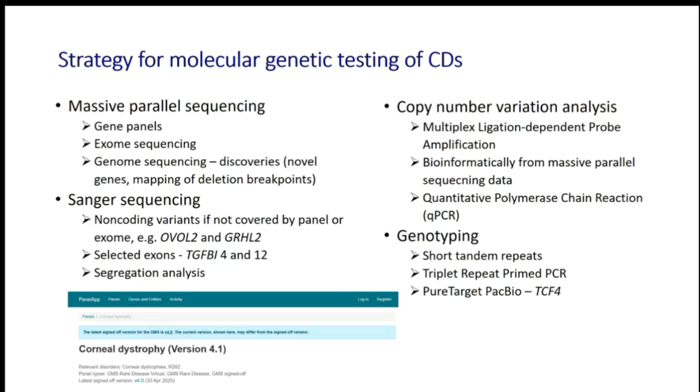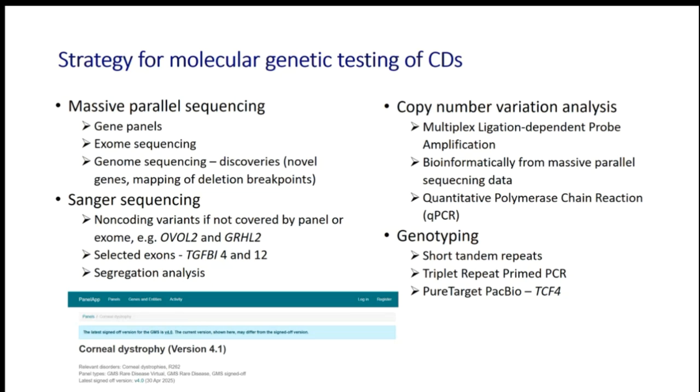Sanger sequencing is also used for non-coding variants if they are not covered by panel or exome sequencing. The most common examples, from my point of view, are promoter mutations in OVOL2 causing posterior polymorphous corneal dystrophy type 1, or granular corneal dystrophy type 2, where the mutations are also located in a non-coding regulatory region.